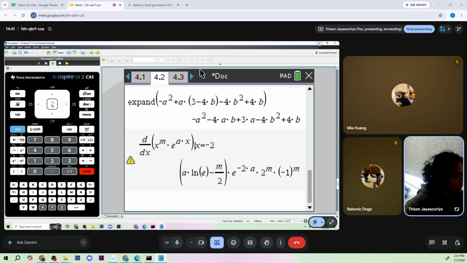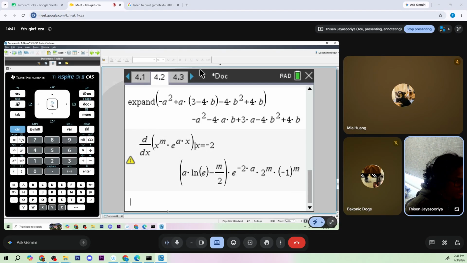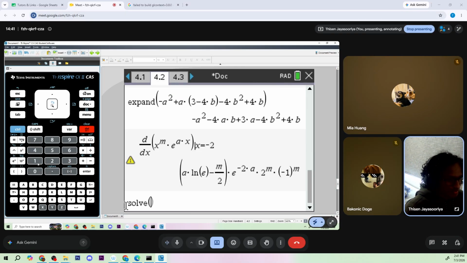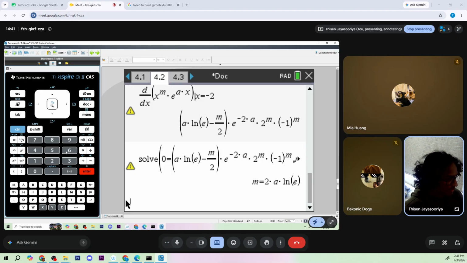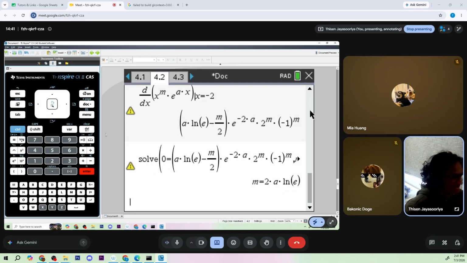So we know that x is equal to -2 here. Right? We know that this whole thing must be equal to 0. So comma m. We see that m equals 2a, right? I don't know why it's writing ln of e, because ln of e is just 1.